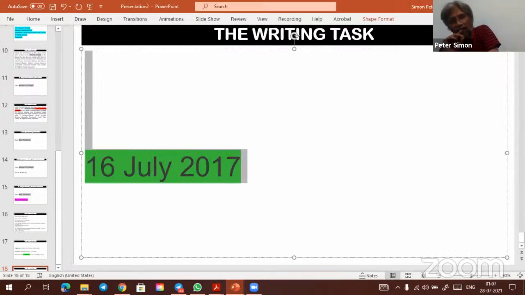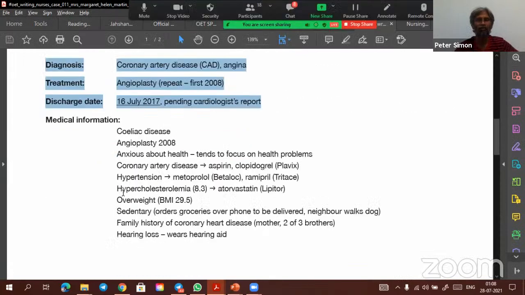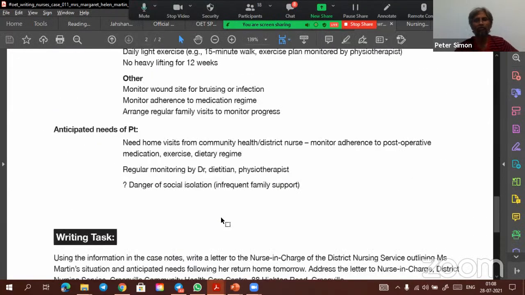Okay. 16th July 2017, as it is. Sometimes he is being discharged today, he is being discharged tomorrow. Like that also there will be options. So now you can see here.